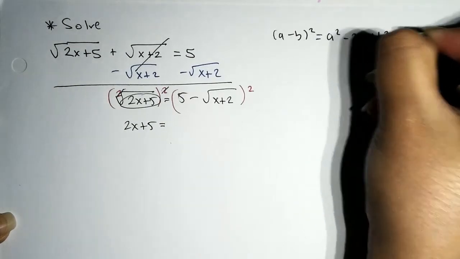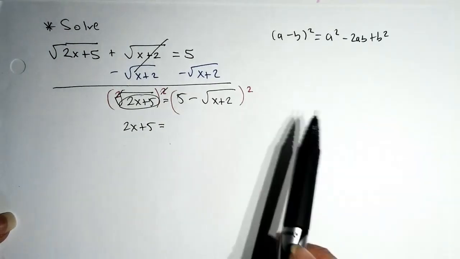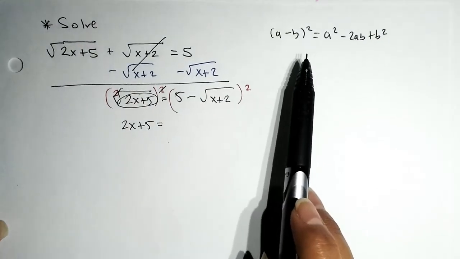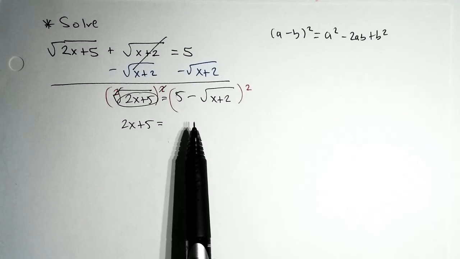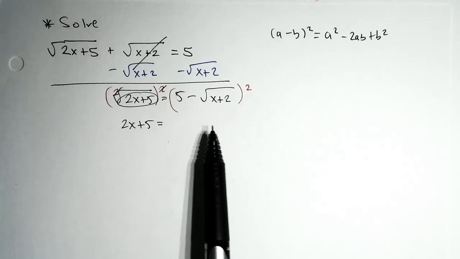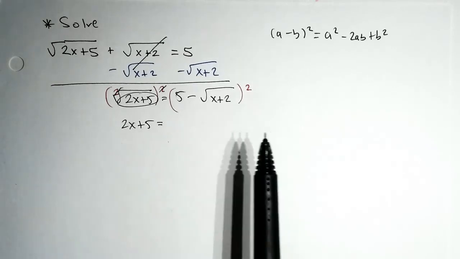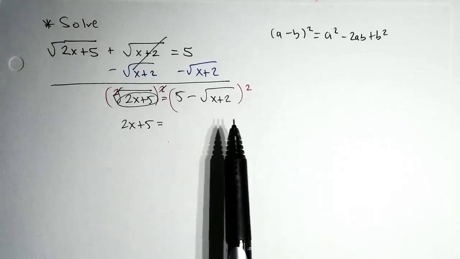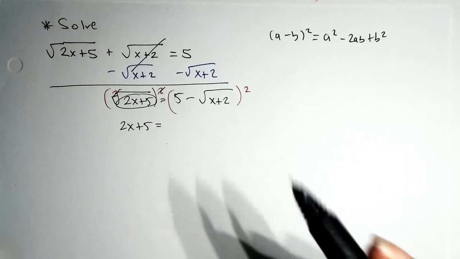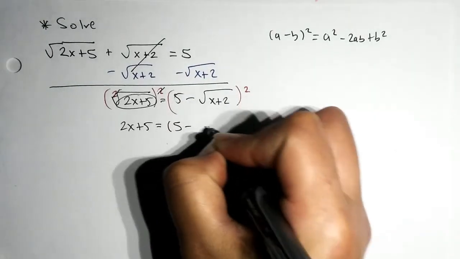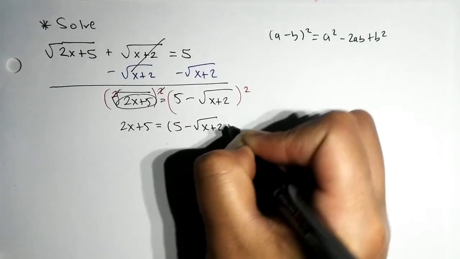It just depends on how comfortable you feel with these multiplication shortcuts. If you remember squaring a binomial, that's going to give us 25 minus 10 square root of x plus 2 plus x plus 2, go for it. But otherwise, let's go ahead and FOIL it out. So we are going to rewrite the right side without the exponent.